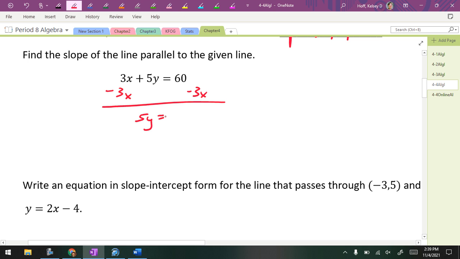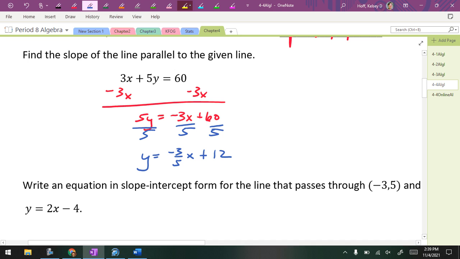I'm going to put negative 3x plus 60. But if you have 60 minus 3x, that's okay. What's my next step? Divide by 5. Y equals negative 3/5 x plus 12.